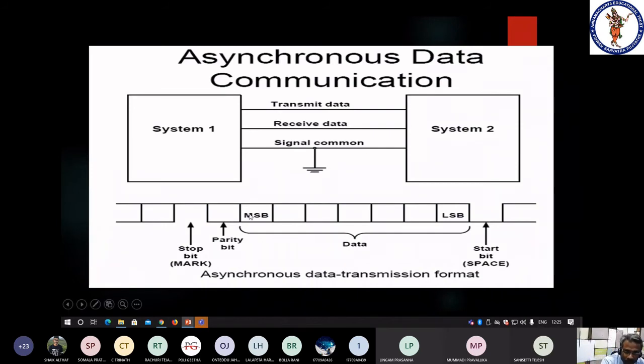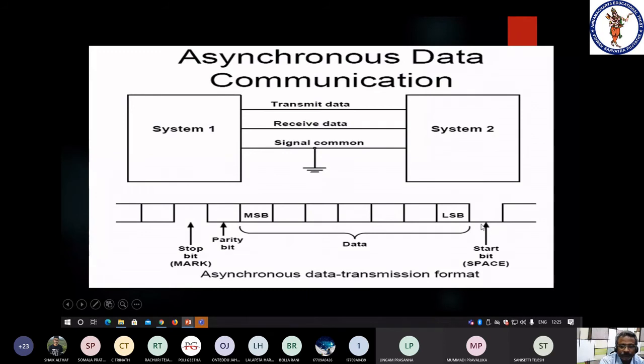Here, LSB is the start of the data and MSB is the end of the data. This entire thing we call a character, LSB to MSB is one character. For every character, one start bit is added.